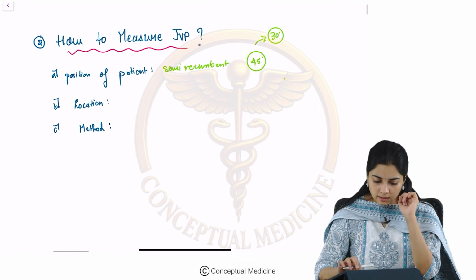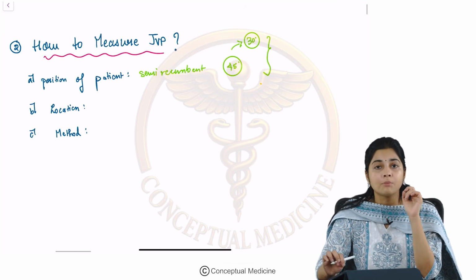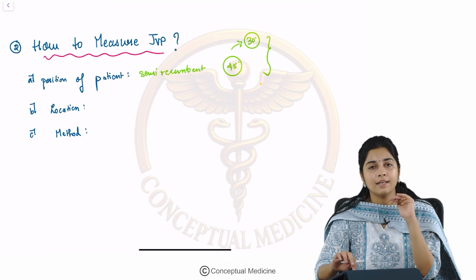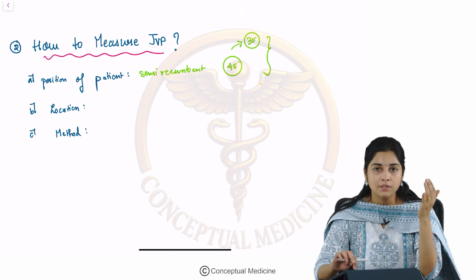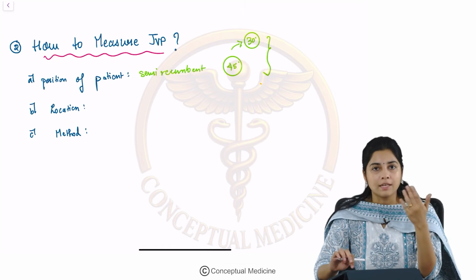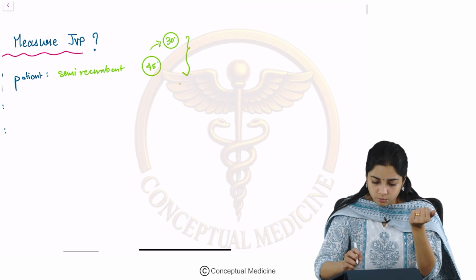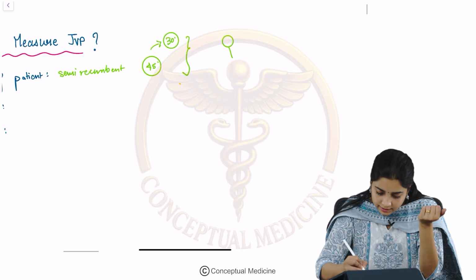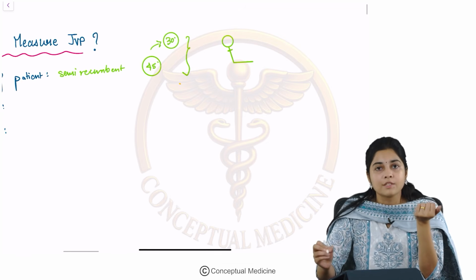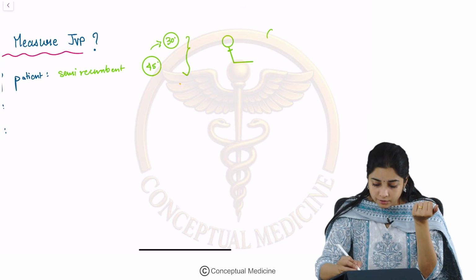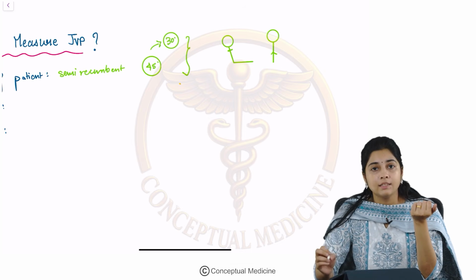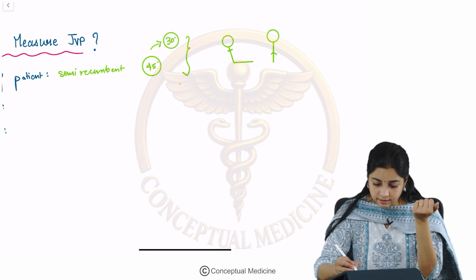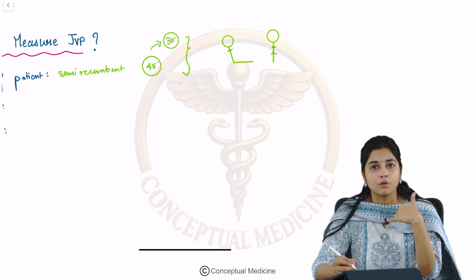Fine. So what is the importance of the position of the patient? Let us understand that, and then we will move forward to how you localize the JVP and the method that is used. Whenever the patient is like this, the JVP column, suppose it is here. Now, if the patient is at 90 degrees, the JVP column drops.